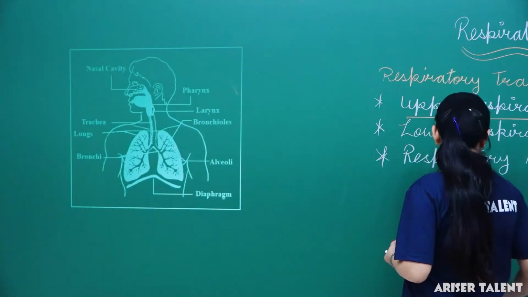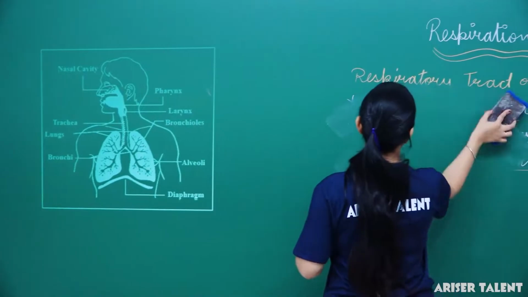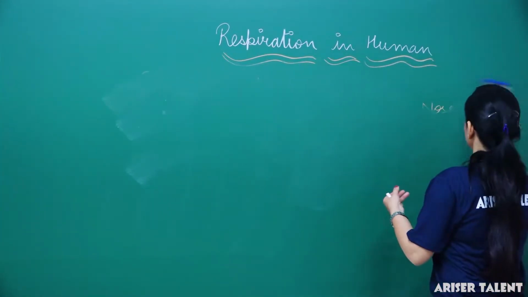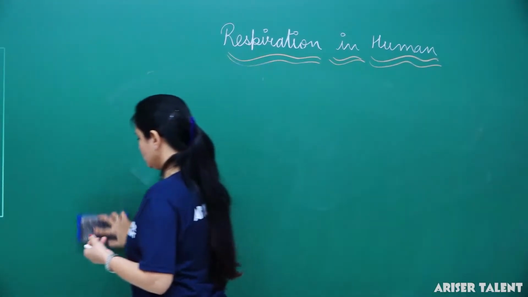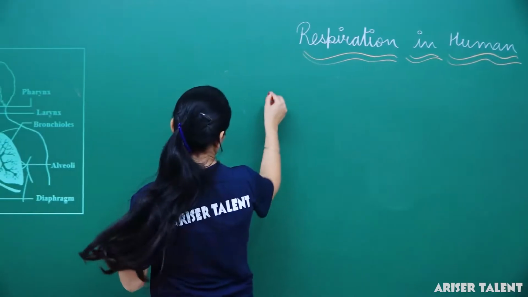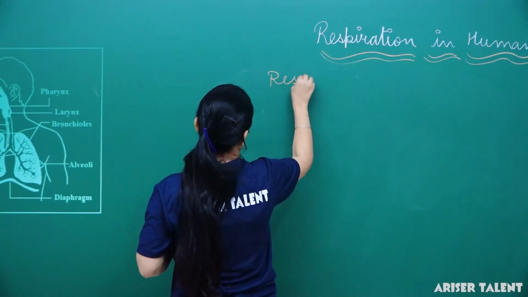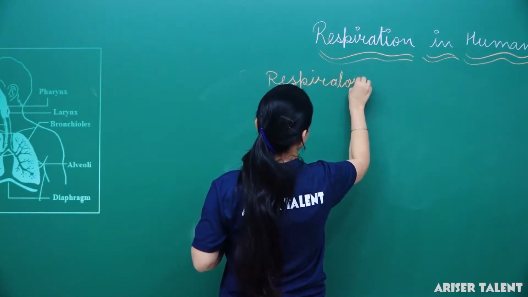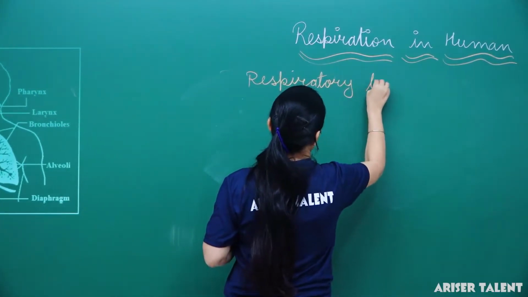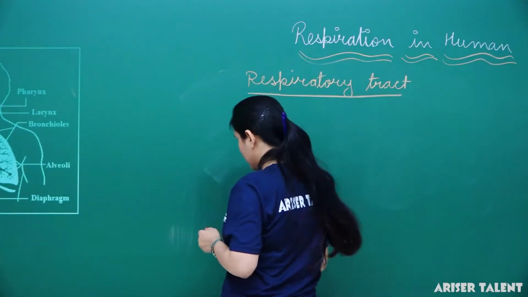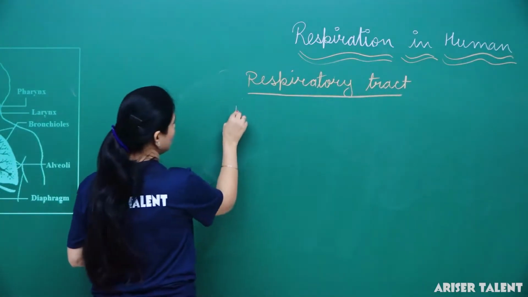Respiratory tract. First of all, let me mention all about the respiratory tract. As I told you, it is divided into three parts. So here we will start with the nostril.